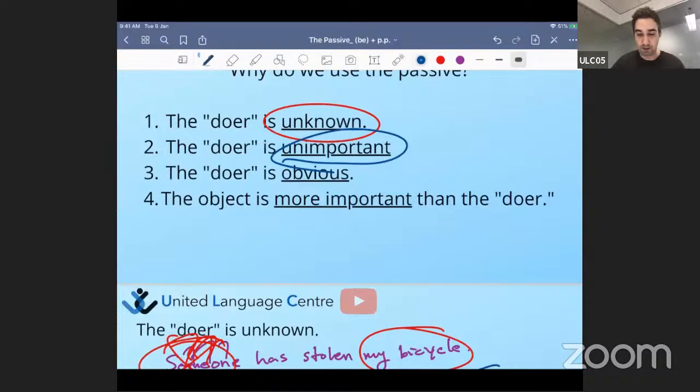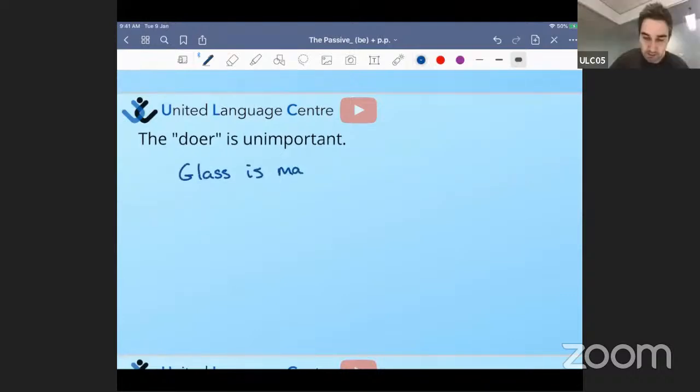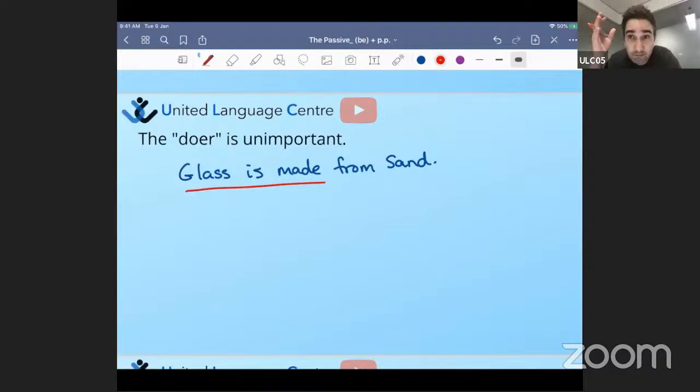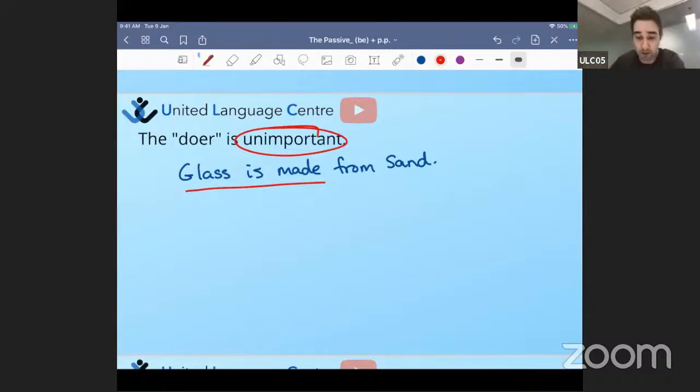I often use the same example: glass is made from sand. So who makes the glass? Many people. I don't care. It's not important who makes the glass.